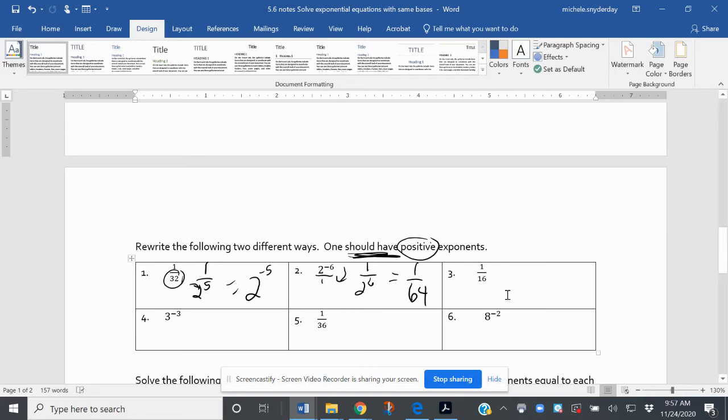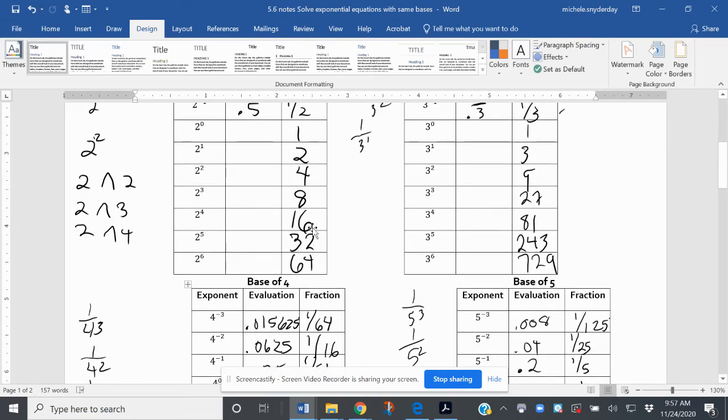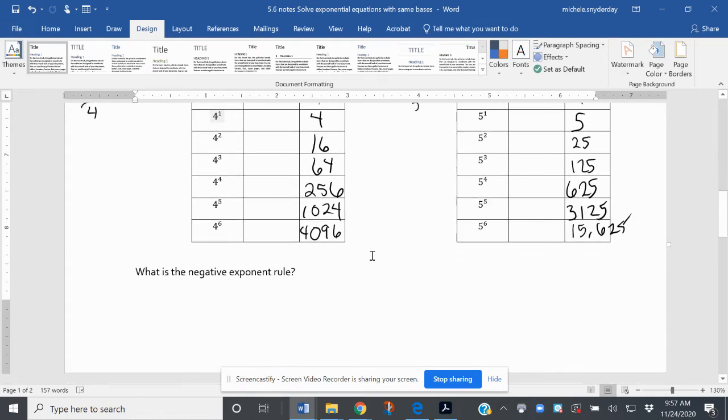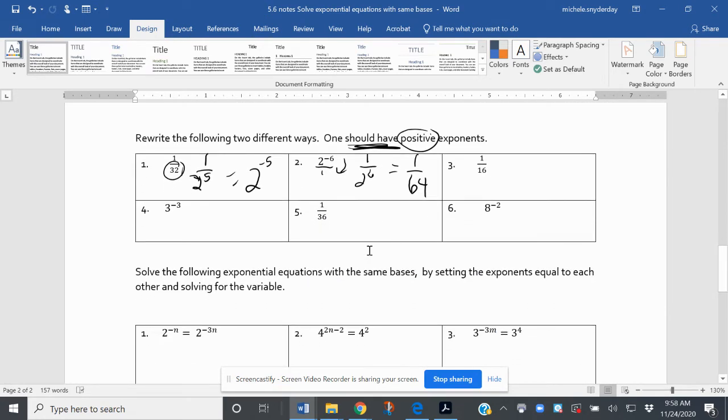Number 3, and we're looking for something with the 16. So let's go back up to our chart. 4 squared is 16. And if we look a little farther, we can also see that 2 to the 4th power is 16. So we have 2 options. The first option we came to was 1 over 4 to the 2nd power.